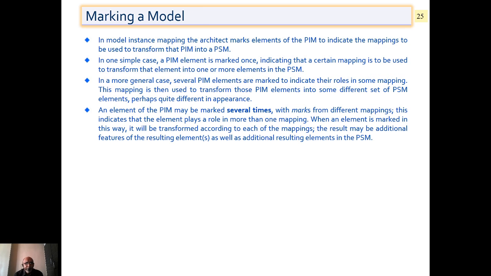Next is marking a model. I have explained this process, I hope so, so let us skip this. Several times the PIM can be marked from different kinds of mappings, and then the end PIM model will be ready to migrate from the source model, that is, from the source use case diagram, to the PSM model, which could be code centric.